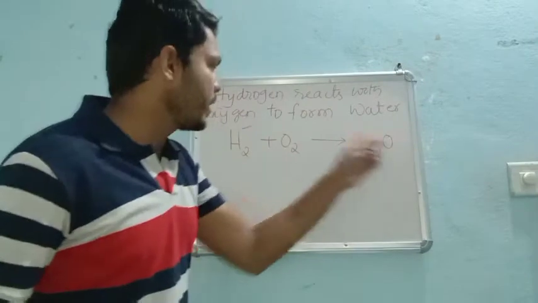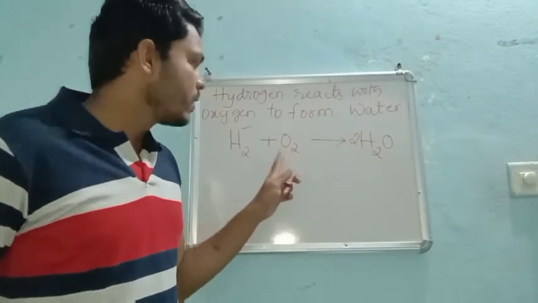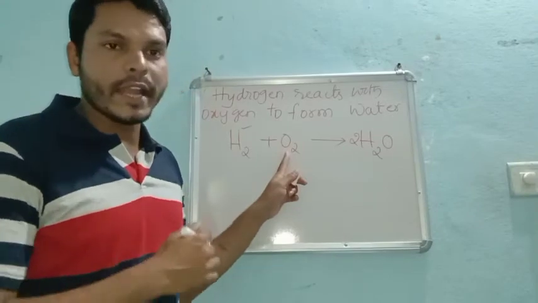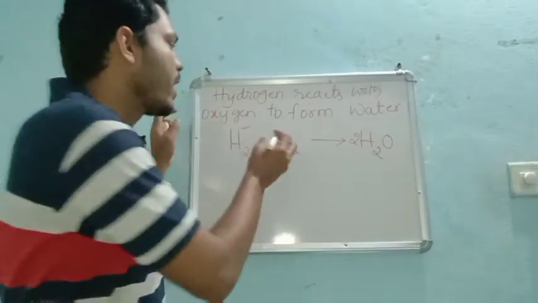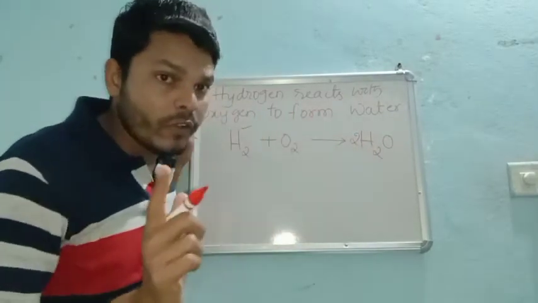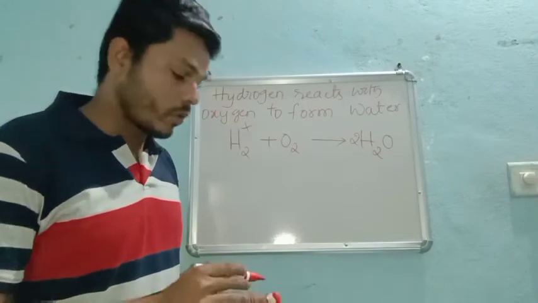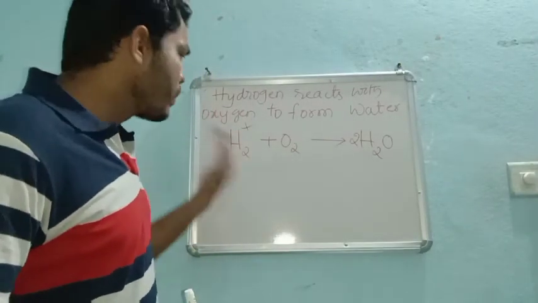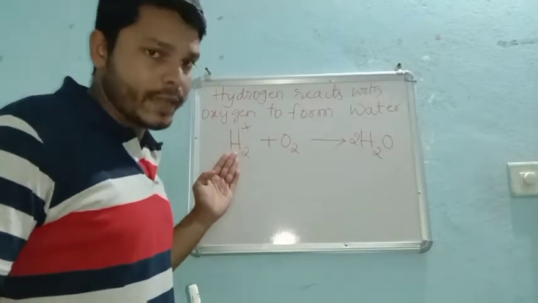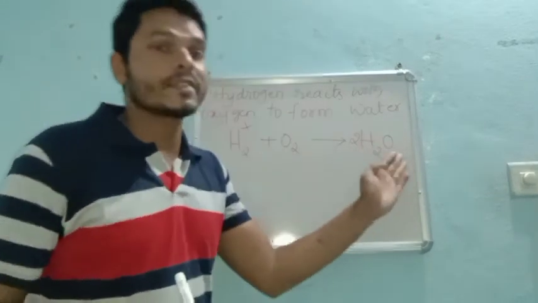Why? Because I need to balance this equation. How many oxygens are present at the reactant side? 2, but at the product side only 1. So I have balanced this irrespective of hydrogen. Now hydrogen is imbalanced. Very, very important. Before balancing, hydrogen was balanced but oxygen was not. Now oxygen is balanced, hydrogen is not.